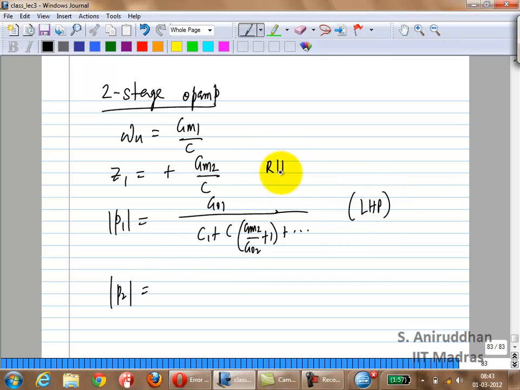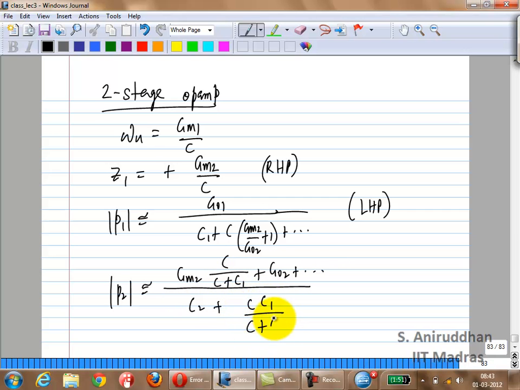So this was an RHP zero. We got one LHP pole at this point, the other LHP pole, this is approximate, and this was also an LHP pole. So for this two-stage op-amp, you have a system with 1 zero and 2 poles.